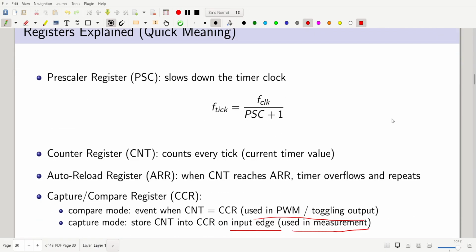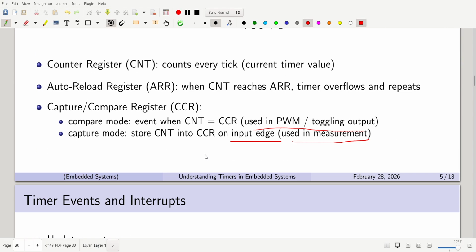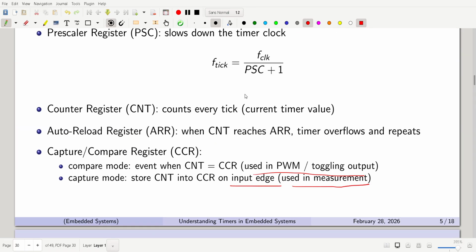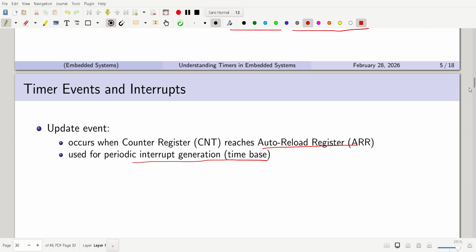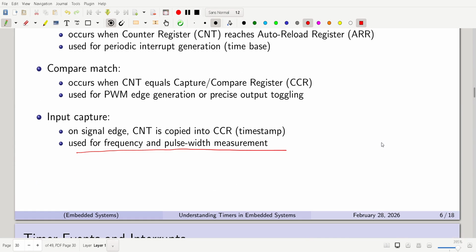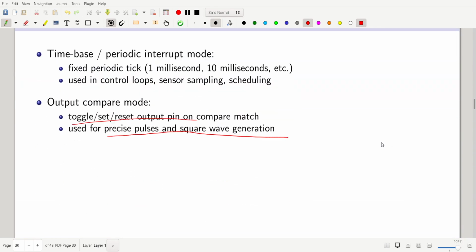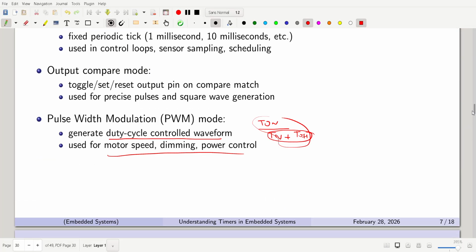This f clock by PSC plus 1 is as discussed earlier, and based on that relation we can achieve it.